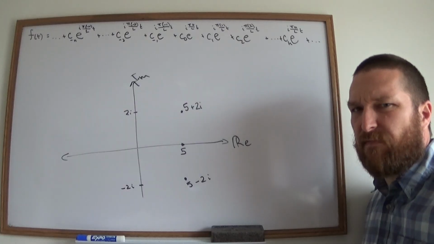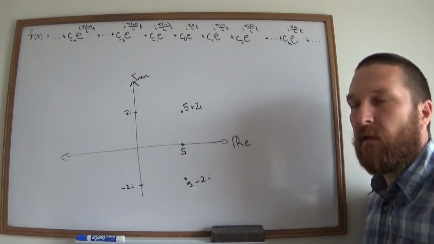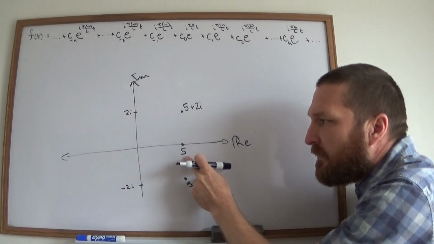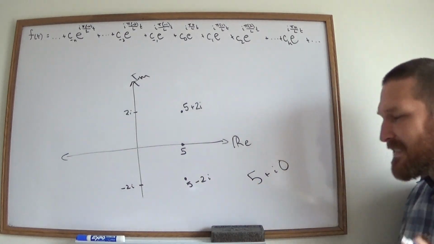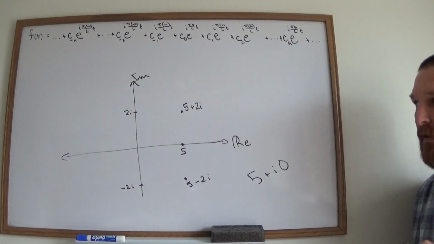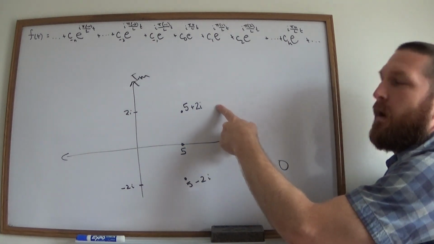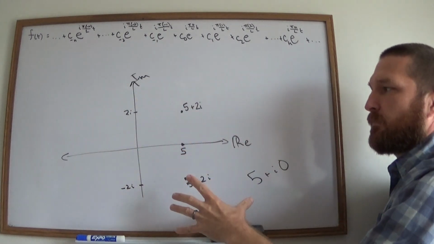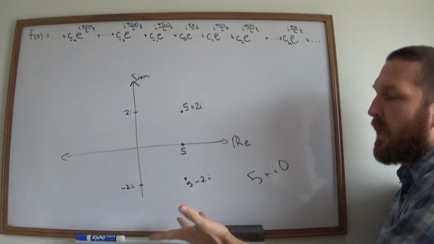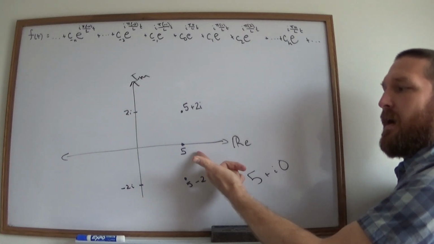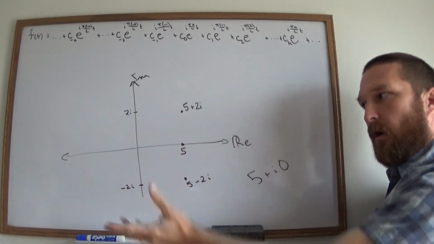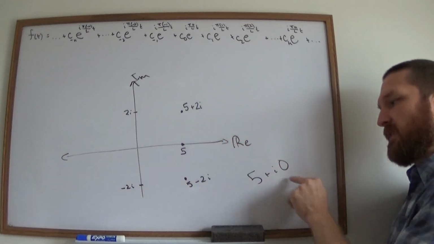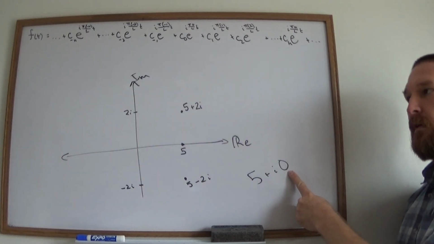You might say 5 doesn't have an imaginary part. Well, it does. 5 itself is 5 plus i times 0. Like 5 plus 2i, obviously, is in the complex plane. 5 minus 2i is obviously in the complex plane, but so is 5. Like all the real numbers, 5 is a complex number. It just so happens that its imaginary component is 0.